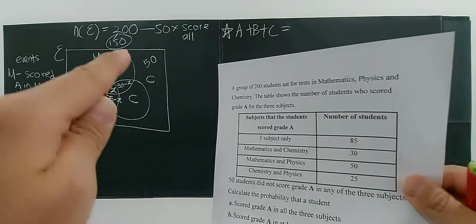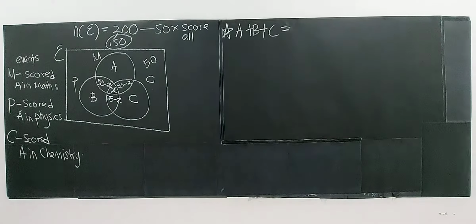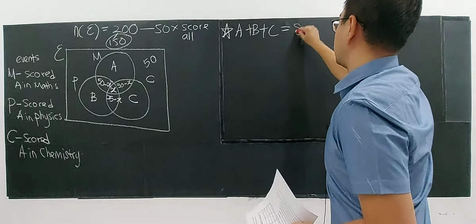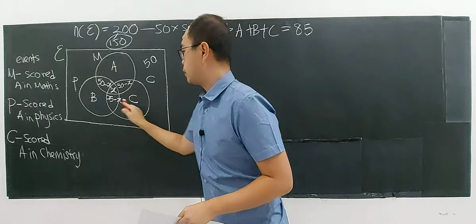The total of them is the meaning of scoring one subject only, which is 85. So now you understand, these three total must be 85.